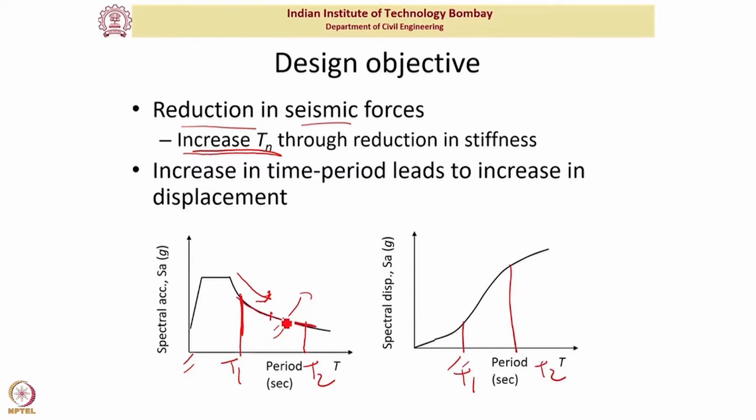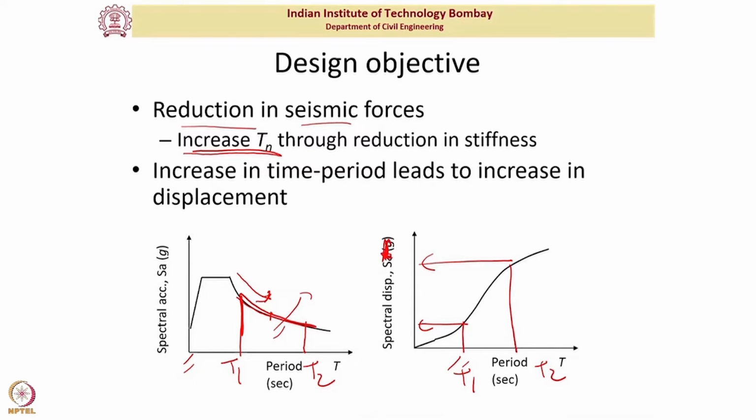So my force or the acceleration is decreasing, but what is happening to the displacement here? My displacement, and this should actually be SD here, it is incorrectly written as SA. So this is SD, which is the displacement. Displacement is actually increasing, and that might be a matter of concern, especially if you consider closely spaced buildings in a dense urban environment.